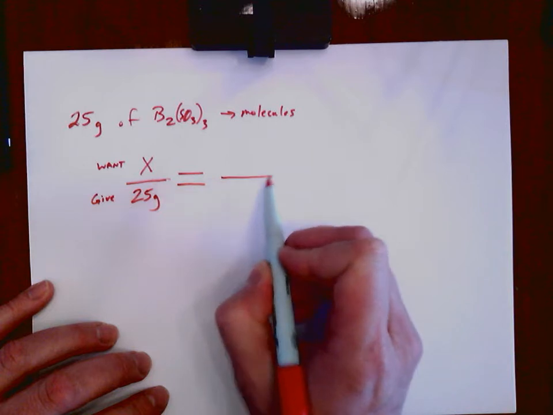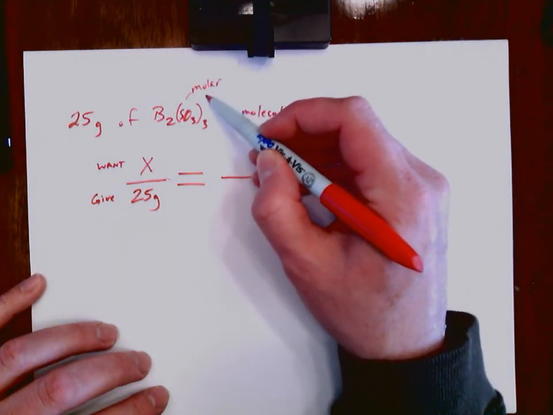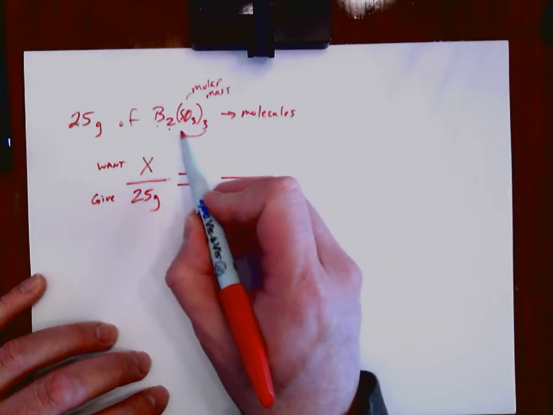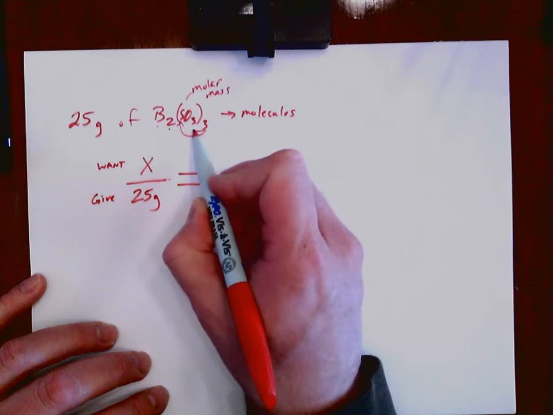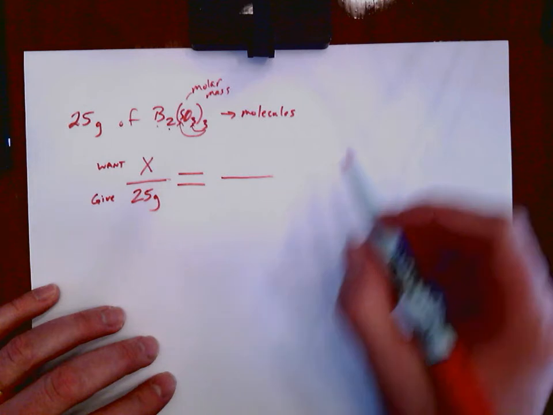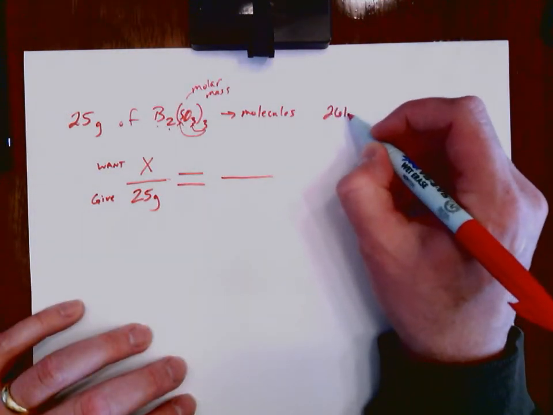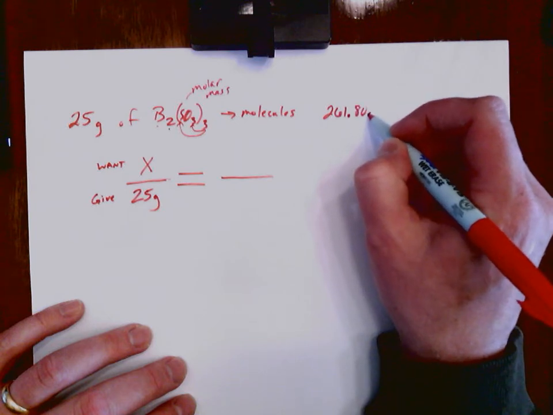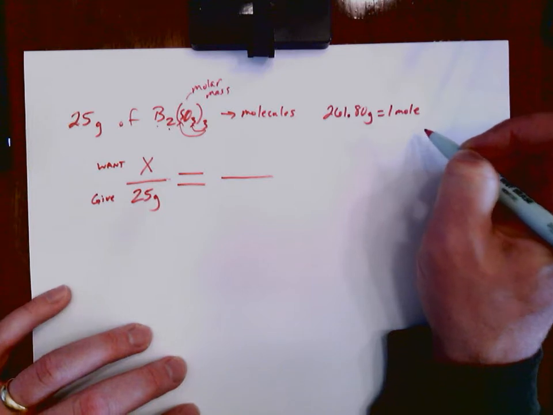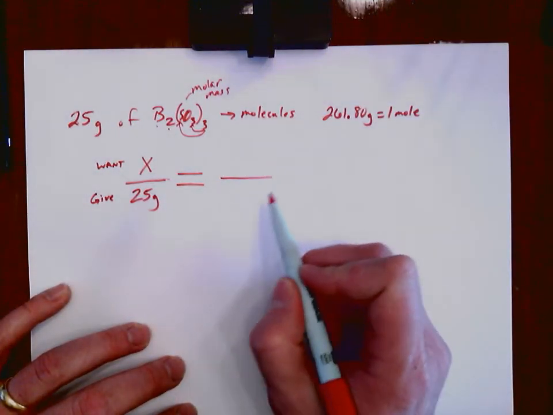Then on the periodic table, I would figure out the molar mass, where I have 2 atoms of B, 3 atoms of S, and 3 times 3, or 9, atoms of oxygen. When I do that, I get 261.80 grams, and that is equal to 1 mole.